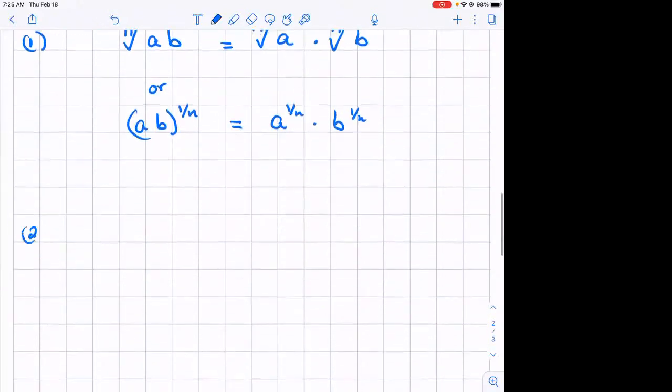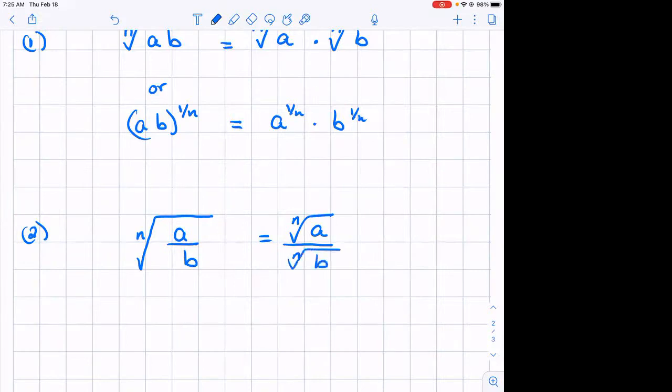And then property number 2 that we'll look at: if we have the nth root of a divided by b, this is the same as the nth root of a divided by the nth root of b.